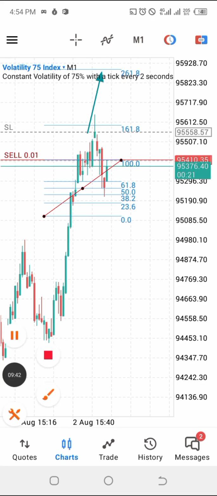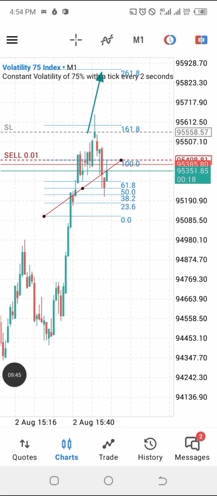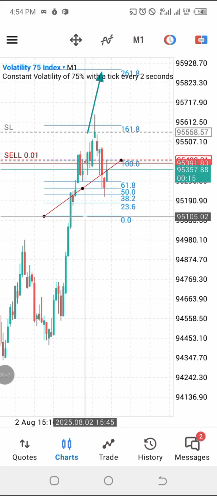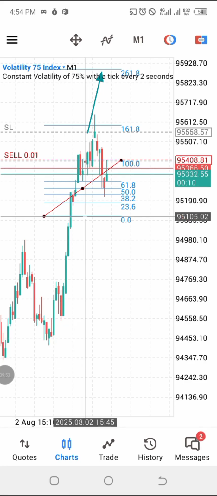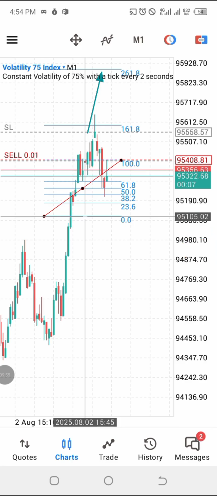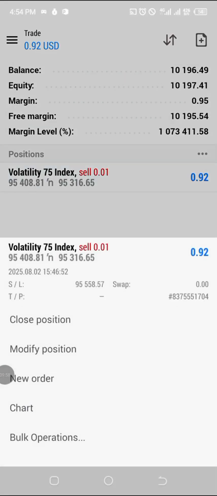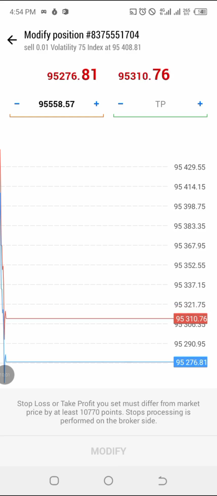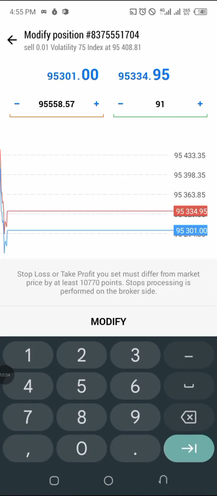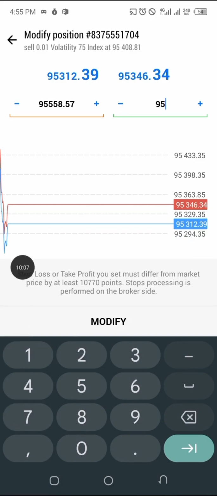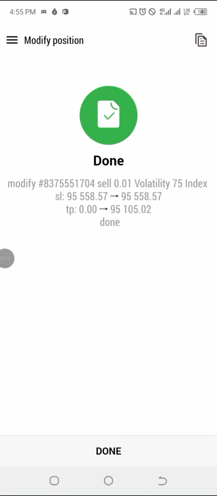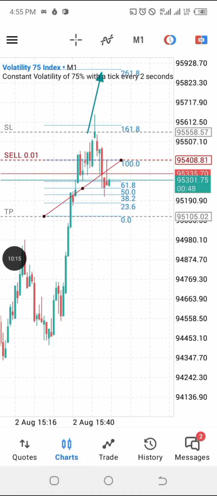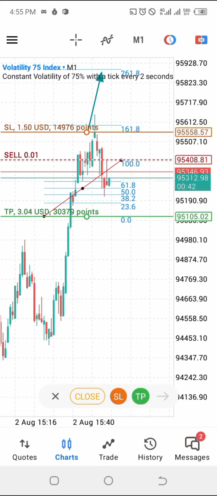Then I'll get my cursor. So this is the price, 95105.02. So as you can see now, when you tap here, you can see TP.